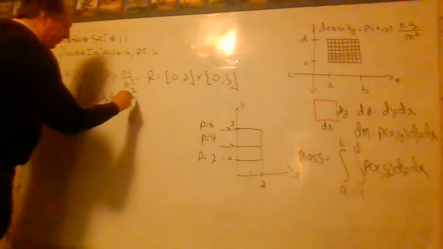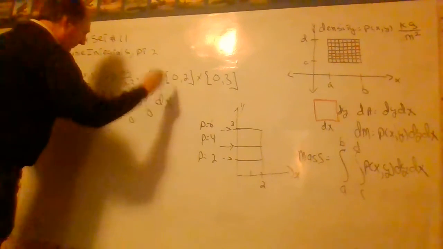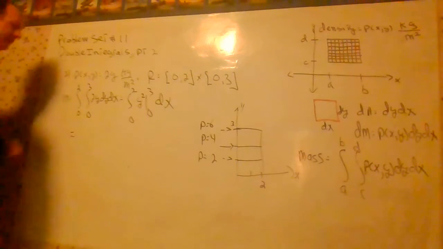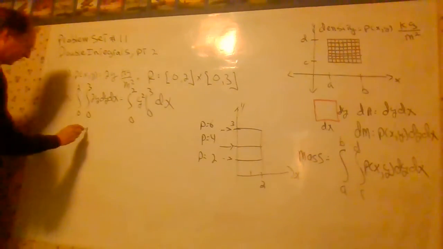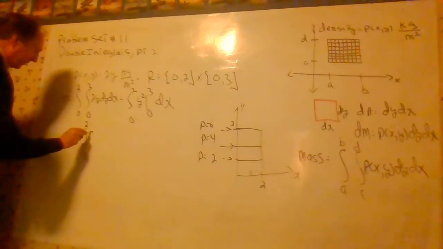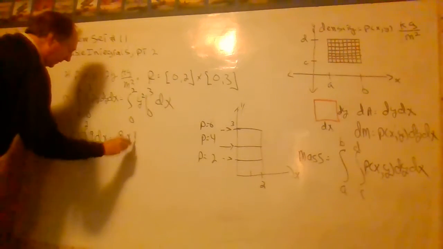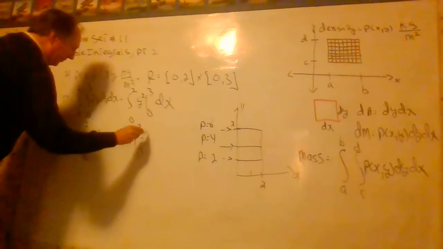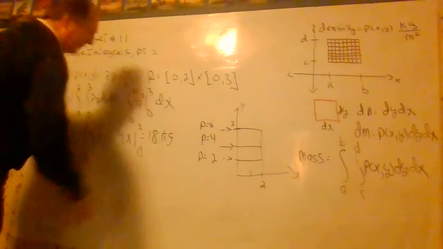And 2y gives us y squared from 0 to 3 dx. And that gives us integral 0 to 2, 9 dx, 9x from 0 to 2, and we get 18 kilograms.